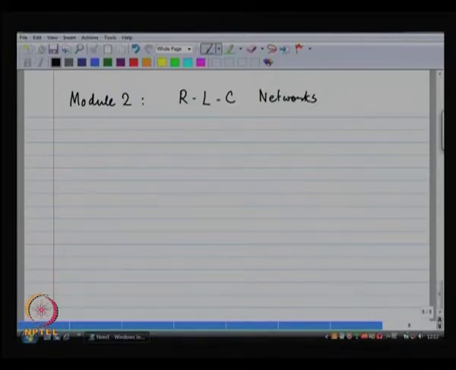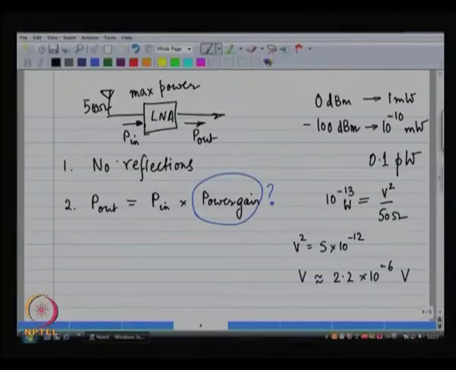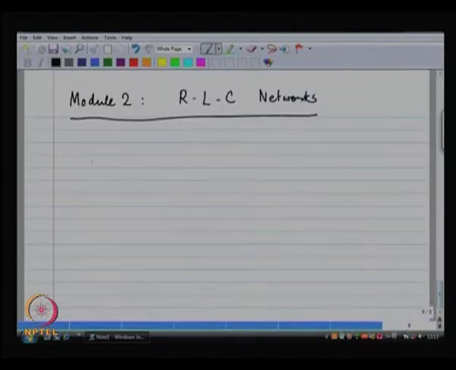So, any questions so far? All right. Okay. So, RLC networks, these are also things that you have studied many times at many different places, undergraduate, postgraduate, even before undergraduate you have probably studied RLC networks. So, the typical RLC network that we are going to study is something that looks like this.